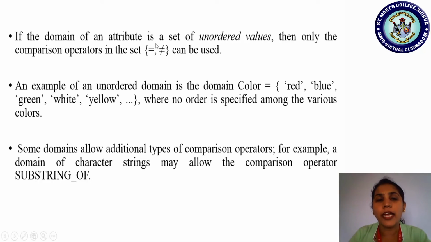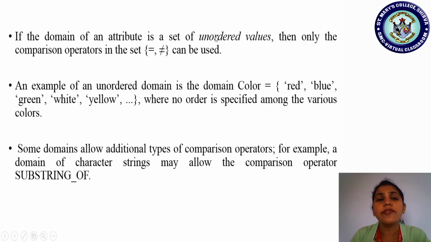If the domain of an attribute is a set of unordered values, then only the comparison operators in the set equal to or not equal to can be used. Suppose for a particular attribute, whatever values are filled, for example some primary key value or some age information. So attribute age, attribute SSN, they will be holding their own values under that column, right?